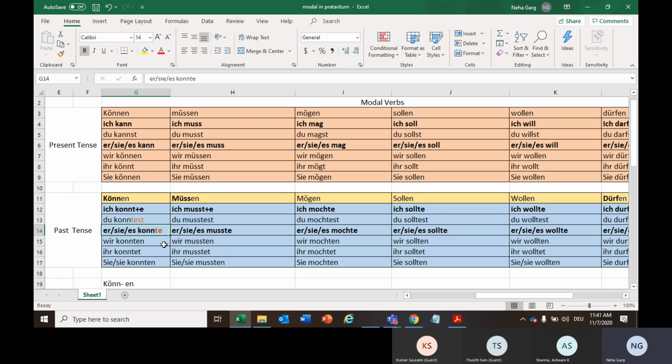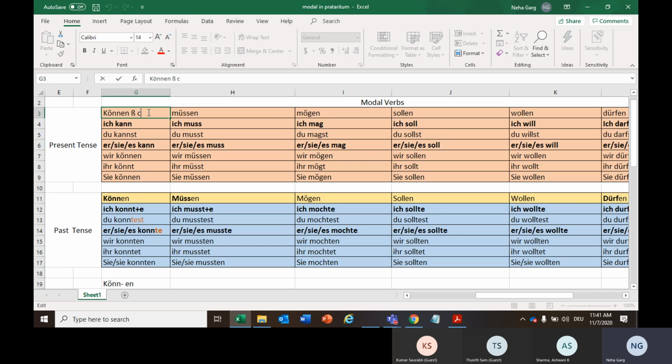So er, sie, es konnte, wir konnten, ihr konntet: the stem word without the umlaut, a t because it's past tense, and then t again because we are conjugating with ihr. So ihr konntet. Then sie and Sie, also wir and sie, same, konnten. So it would not be könnten, but it would be konnten because this is past tense.